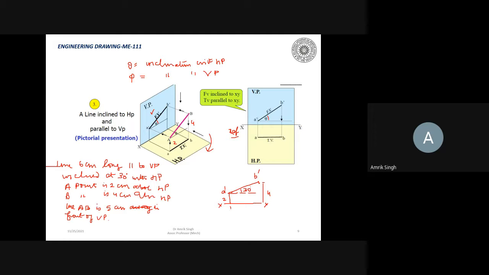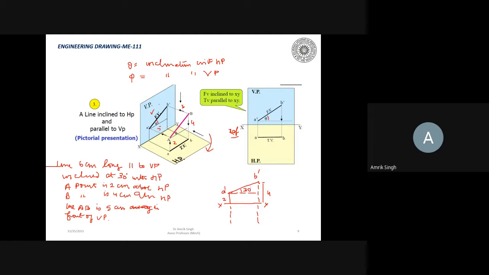Yes, sir. उसके बाद you have to draw the perpendicular from here. ठीक है? Now it says the line AB is 5 centimeter in front of VP. So that means this is 5 centimeter.